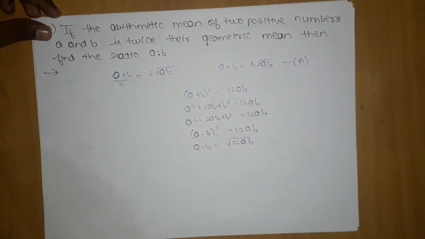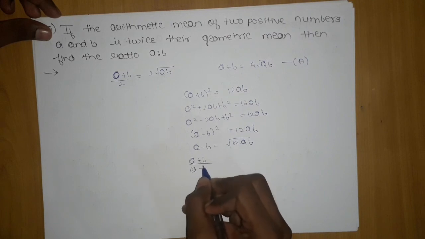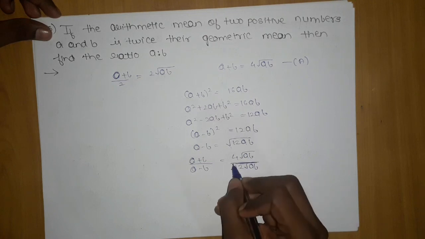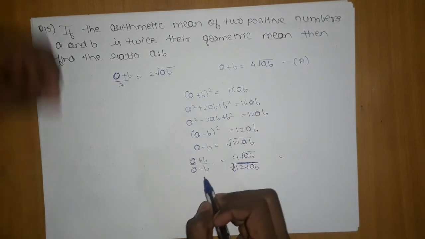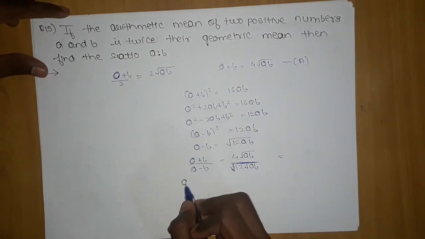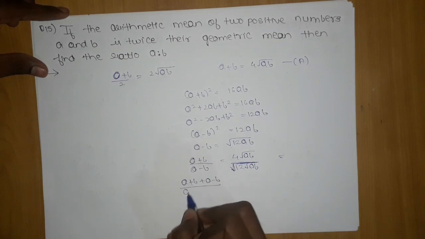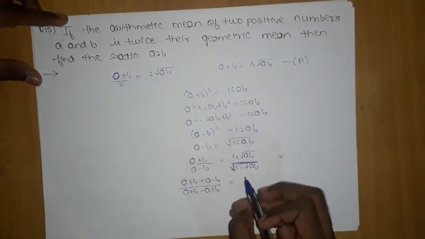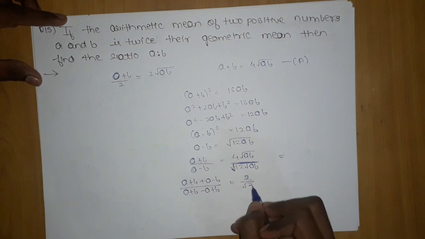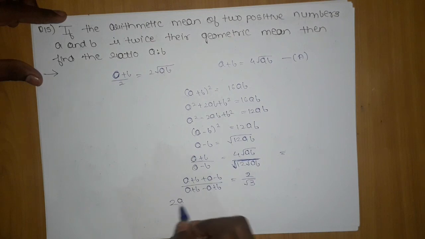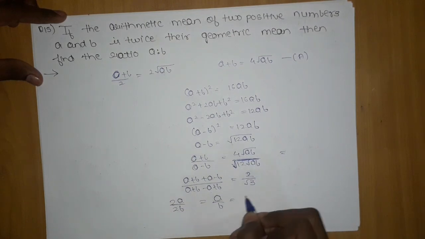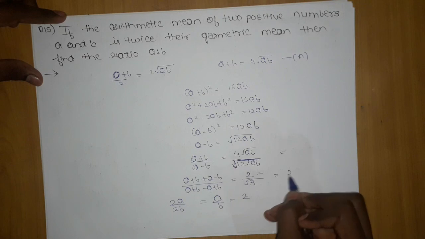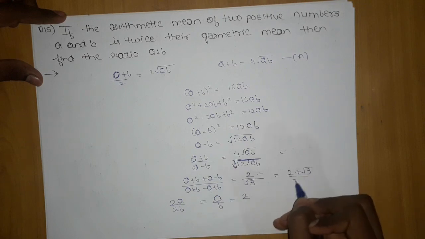Now if I divide a plus b upon a minus b, this is nothing but 4 under root ab upon under root 12ab. This will go out, and we are left with 2 upon under root 3. If I apply componendo and dividendo to (a plus b) upon (a minus b), I get 2a upon 2b, which gives a by b equal to (2 plus under root 3) upon (2 minus under root 3).